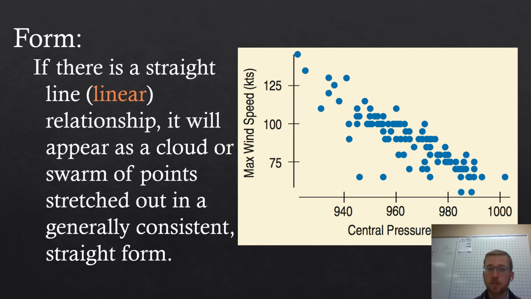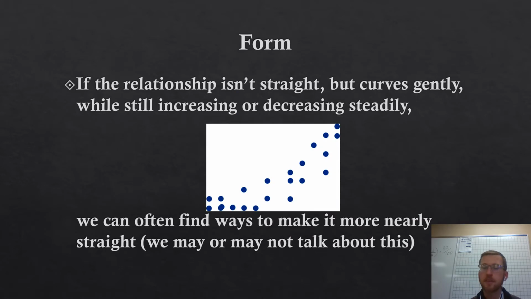But for our purposes, we just want to know, is there a linear pattern or is it a nonlinear pattern? If we look at this example, because there's a generally consistent downward trend in a pretty linear fashion, as I've written this line here, we could say there is a negative linear association between central pressure and max wind speed.